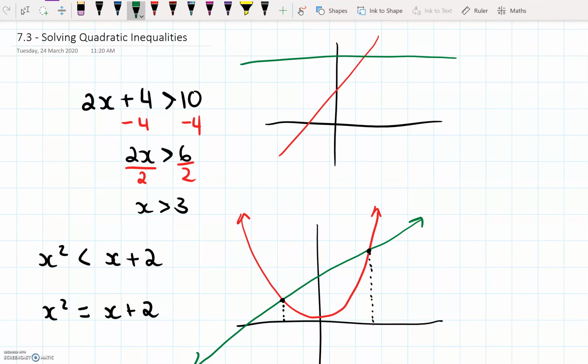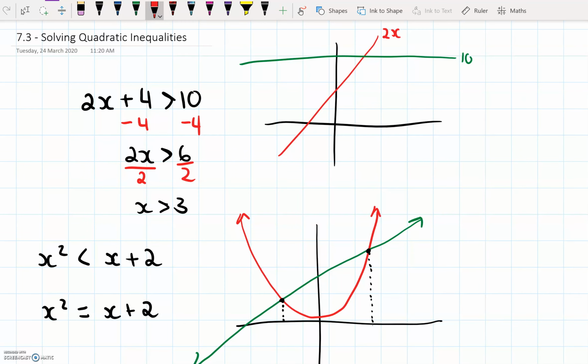This is our line for 10, and this would be 2x plus 4. Where is it greater than 10? Well, that can only happen in one place. So this was what we just found. This was the 3, and you can see that it was greater than 10 over here, so this way.